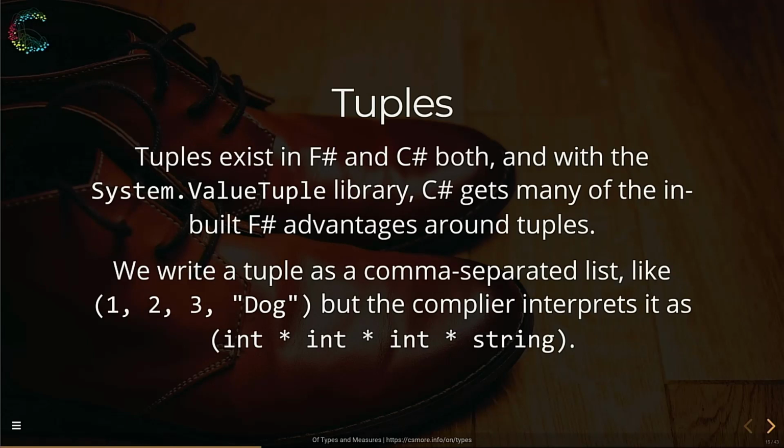For the reason of clarity, you put parentheses around it because that's what mathematicians do. The compiler interprets it as, instead of commas, asterisks. And the reason is that this is the product of these values. So we have the product of an integer and an integer and an integer and a string. So all four of those combined together form our tuple. And it is a thing.